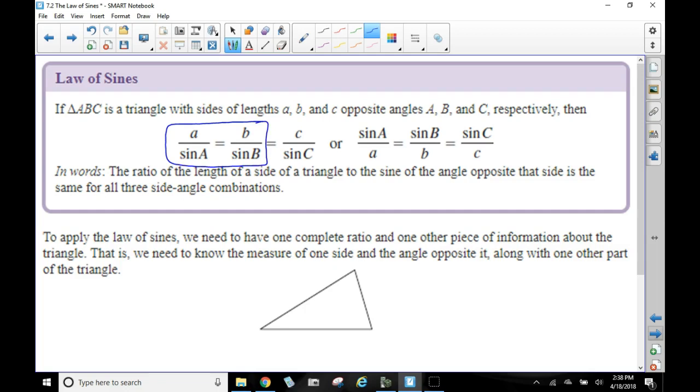Recall that one thing you need to know is how to set these triangles up.